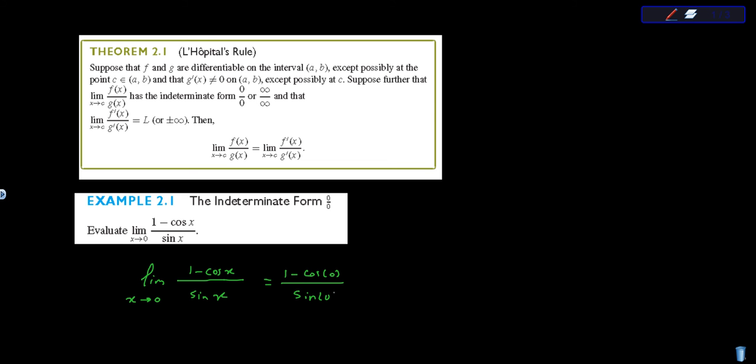Just substitute x by 0. Cosine 0 equals 1, so 1 minus 1 over sine 0 equals 0 over 0. This is the L'Hopital case.